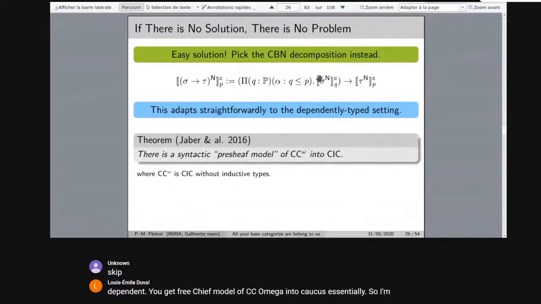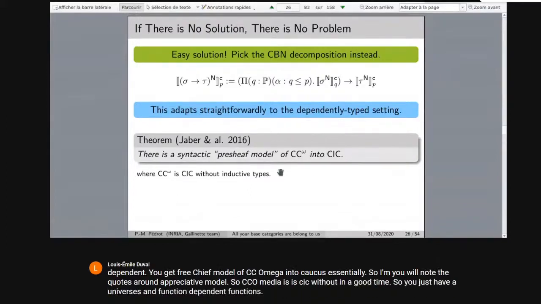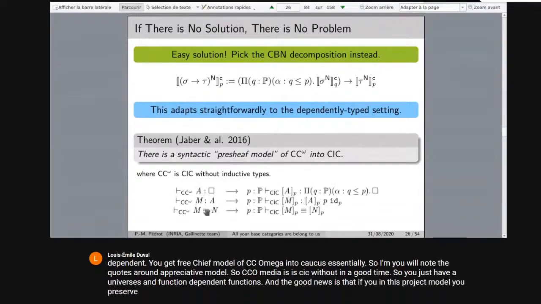So you will note the quotes around the presheaf model. CC omega is CIC without inductive types, so you just have universes and dependent functions. And the good news is that in this presheaf model, you preserve equations on the nose. That is, if you have two terms that are convertible in the source, then those are convertible in the target.